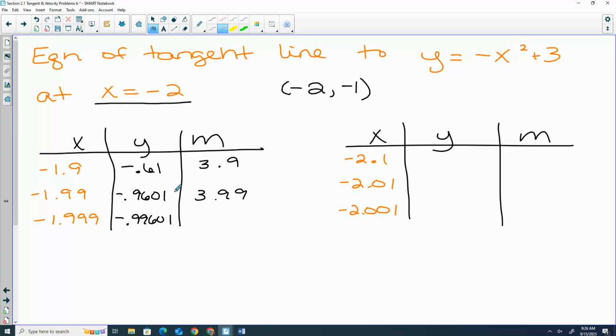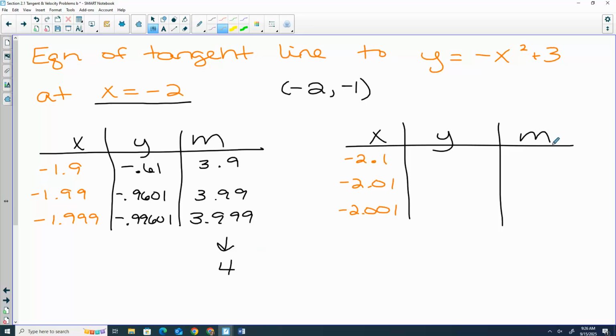So for our slope, y2 minus negative 1, so plus 1, over negative 1.999 minus negative 2, or plus 2. And you get 3.999. So what does it appear this side is approaching? 4.